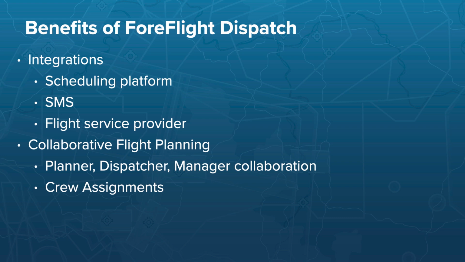You can also integrate SMS capabilities. You can also have an integration with trip support, where trip support can be leveraged and inject flight planning details or flight planning attachments that are supplementary to a flight directly into the ForeFlight ecosystem, rather than you receiving those by email, having to manually move them over into the ForeFlight suite.